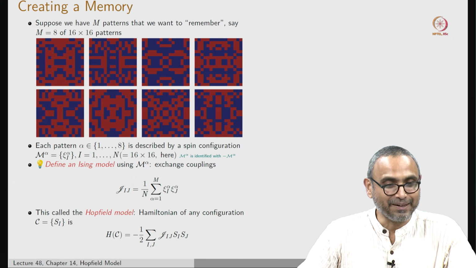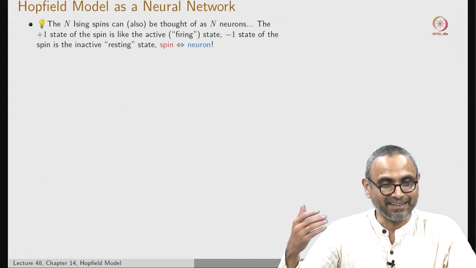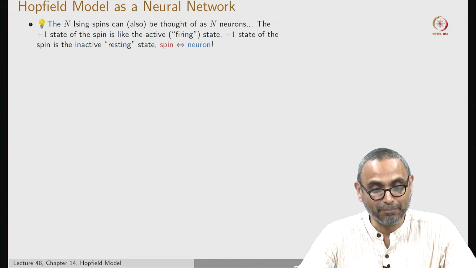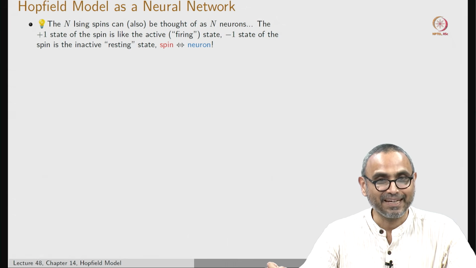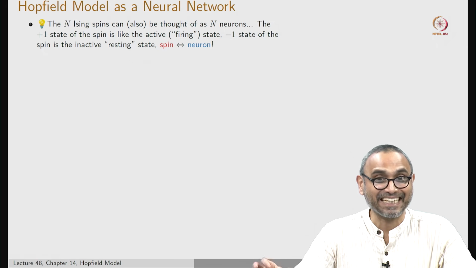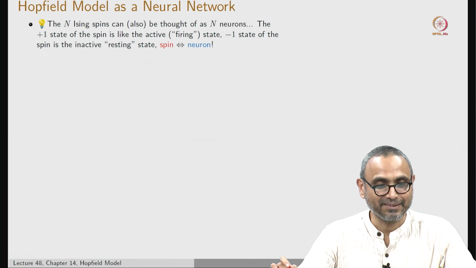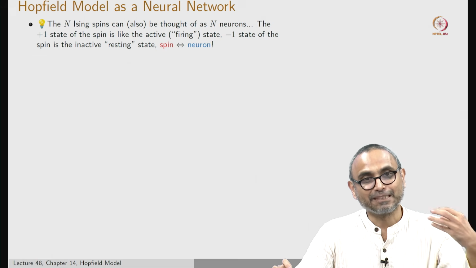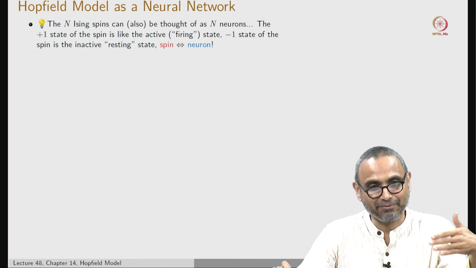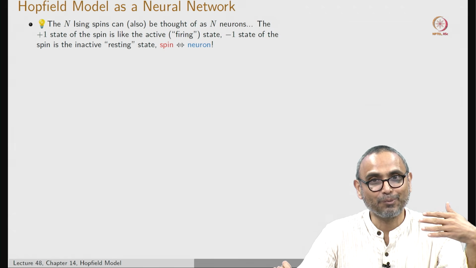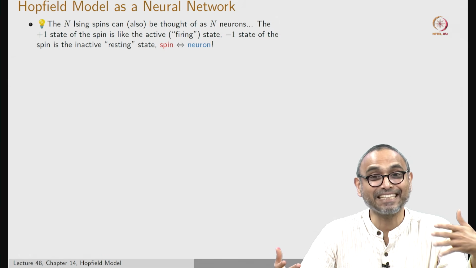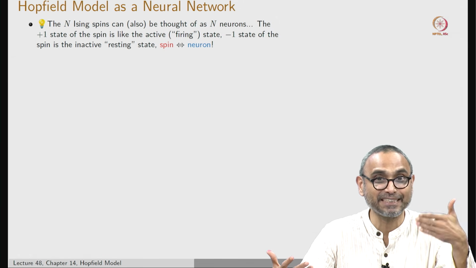So to make a memory which can remember things and recall things, we are now going to make a further mapping. These pixels that we have, which are black and white, can also be thought of as the states of neurons when this image is shown to the brain.